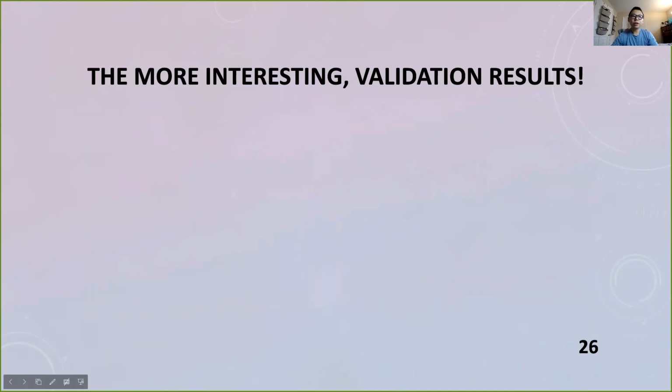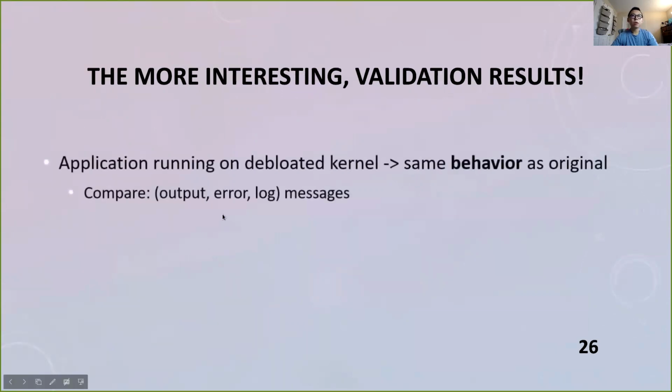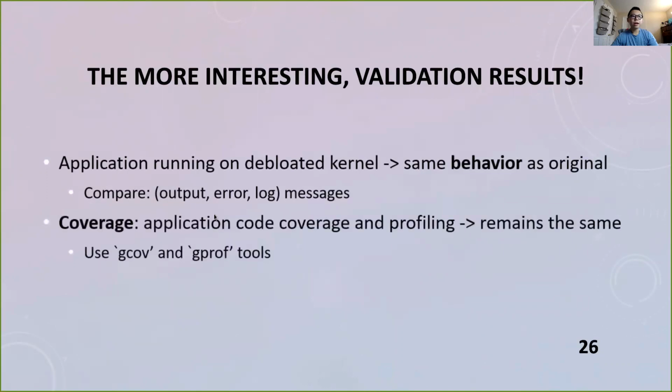Besides reducing the kernel, we also need to ensure that COZART does not alter the application's behavior. Therefore, we validate by checking the log messages and application test suite coverage results. During evaluation, we did not see any differences in output or error messages.